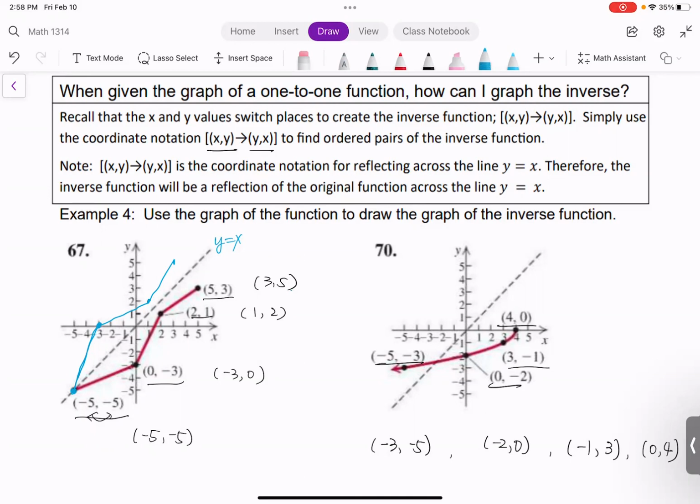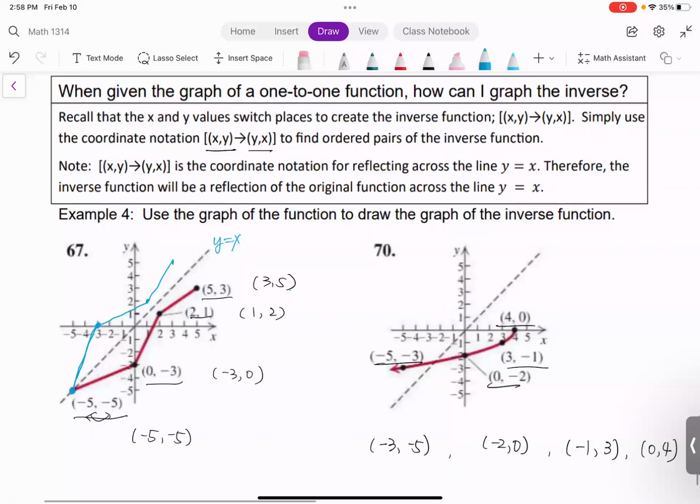Use a different color. -3, -5 should be here. And -2, 0 here. And -1, 3 here. And 0, 4. Okay, I need to line them up.